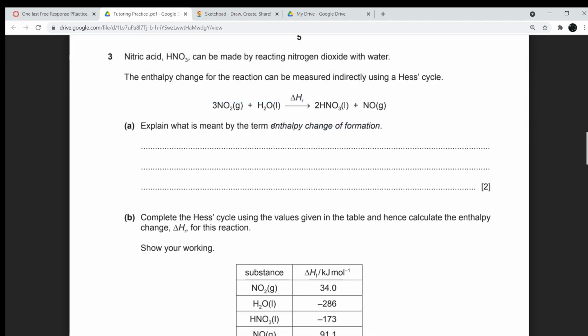Enthalpy of formation is going to be the amount of energy it takes to make 1 mole of a compound from its base elements. So that's what we mean by enthalpy change of formation. The things you're looking for are that it's 1 mole of the compound, and that it comes from the elements itself.